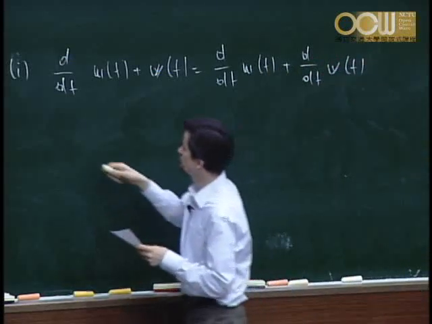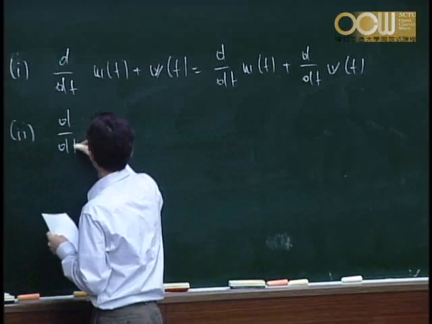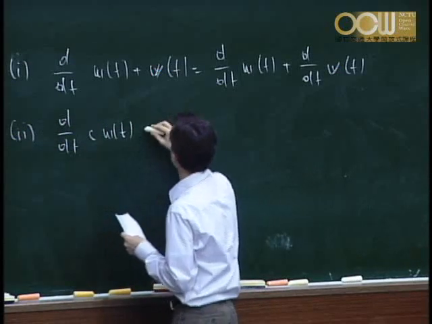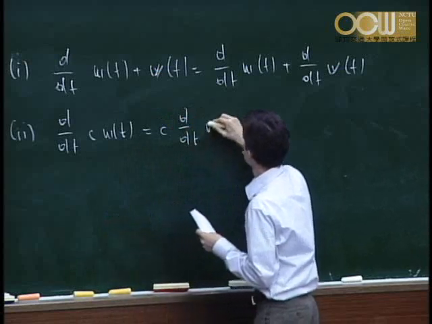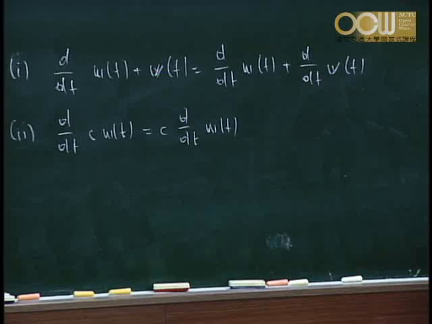The same, of course, is true for the difference. The same is true for the scalar multiple. So if you have c times a vector function, this is just c times the derivative of the vector function.